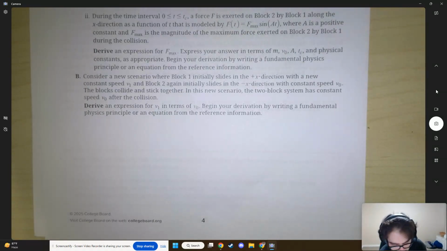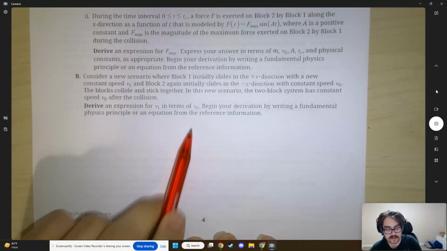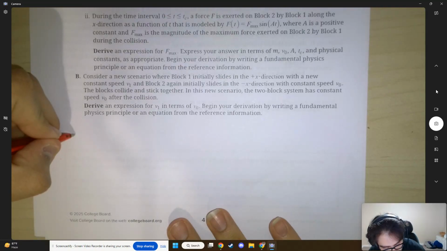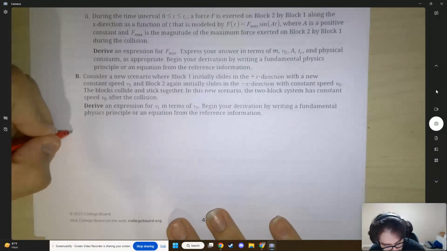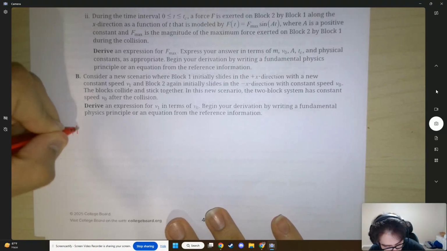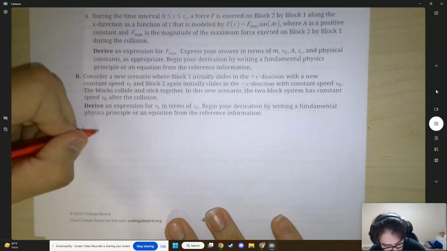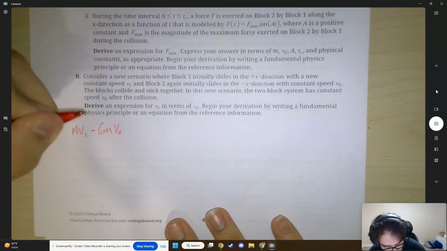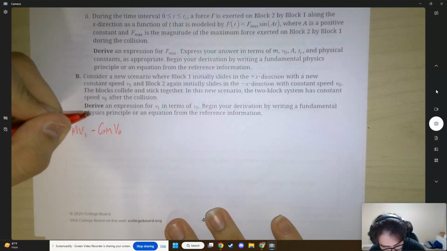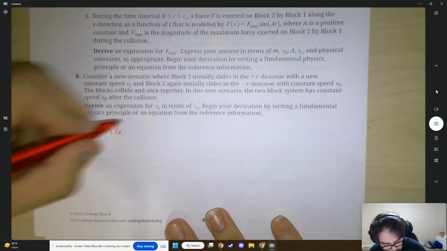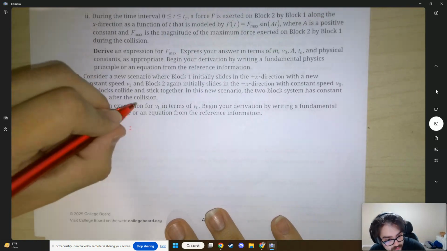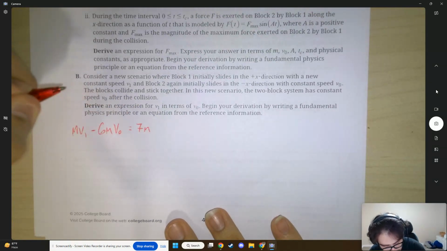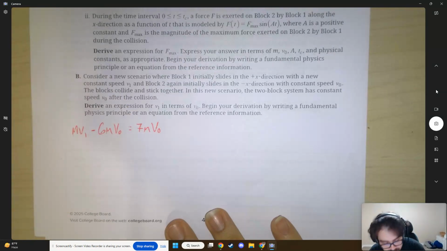That's actually not that bad, because this is just conservation of momentum. Block 1 was just 1m, so it's m v1, minus 6m v naught, because it's negative, and set that equal to, since they stick together, 7m moving with v naught.